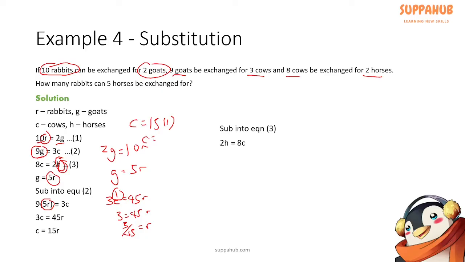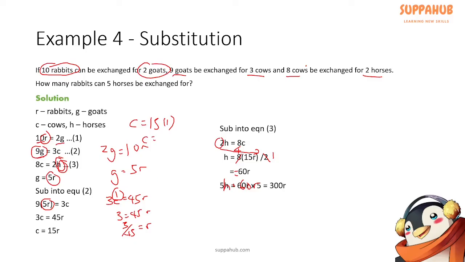So you bring the 2 across and it becomes division, and the 4 and 1 remain. What do you get? 60, so 1 horse equals 60R.